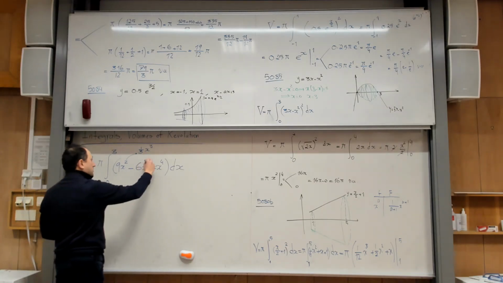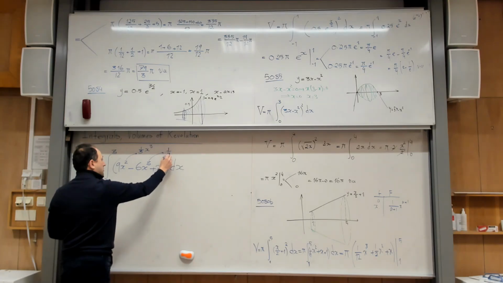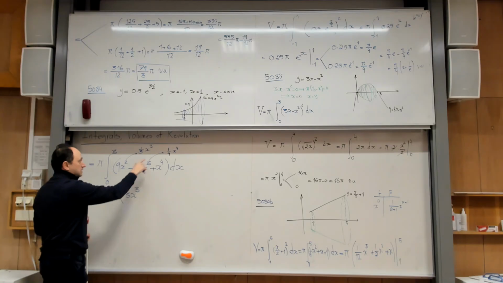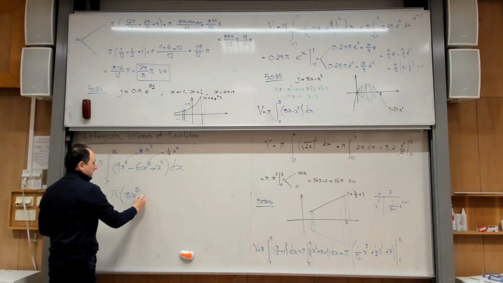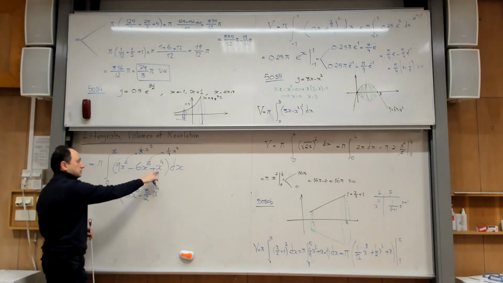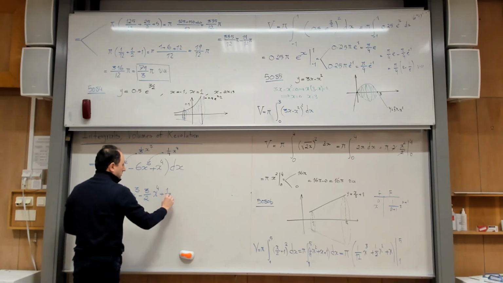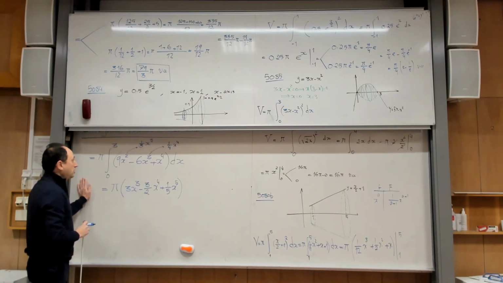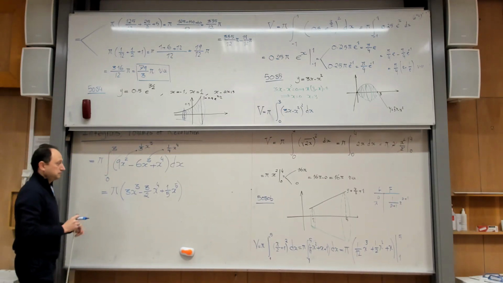A primitive function for this one is 1/4 x to the power of 4. But 6 divided by 4 can be simplified, and I can write it as 3/2 x to the 4. And finally, this is 1/5 x to the 5. And I have to run it from 0 to 3.